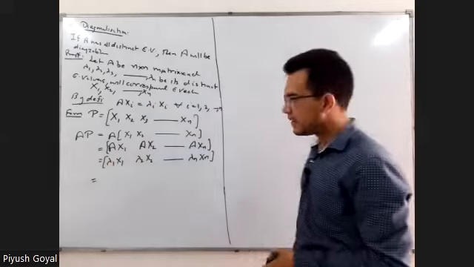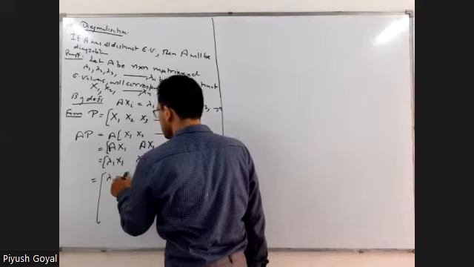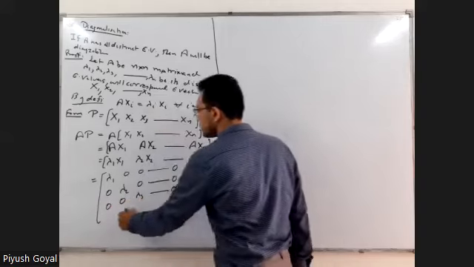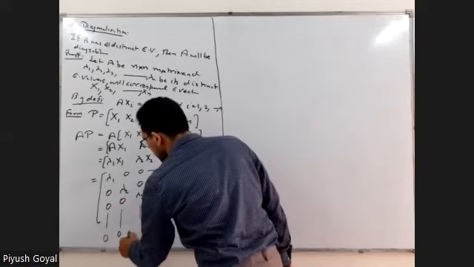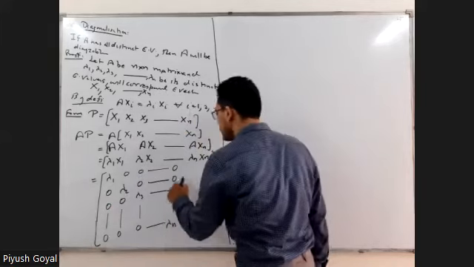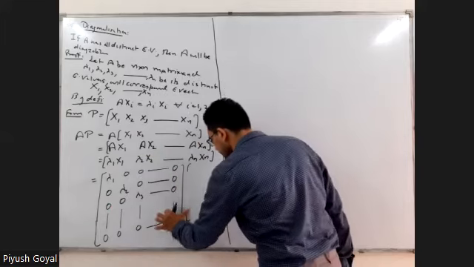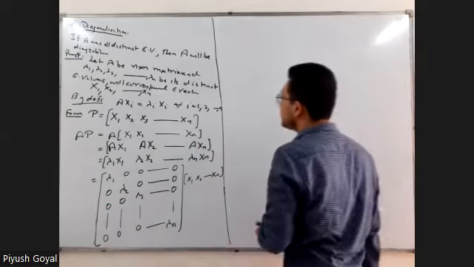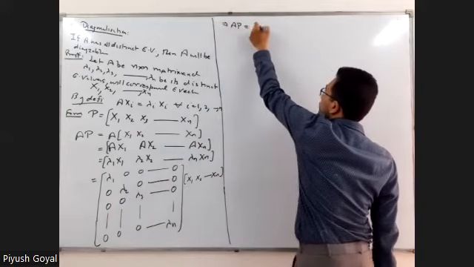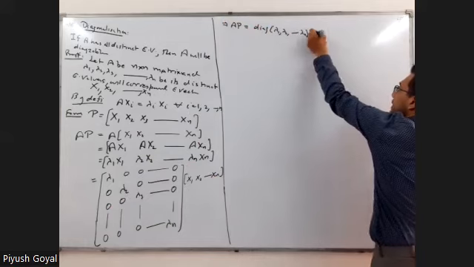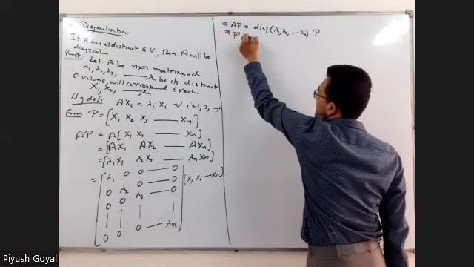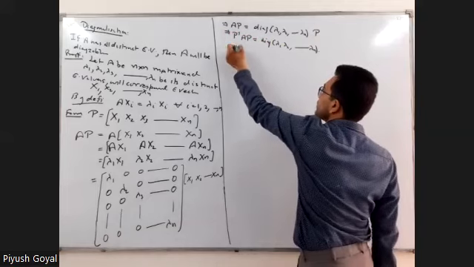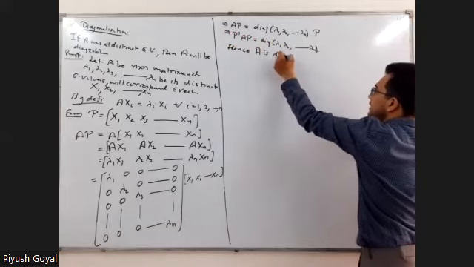So this will become the diagonal matrix with lambda 1, lambda 2, up to lambda n on the diagonal and zeros elsewhere, into x1, x2 up to xn, and this is P. So AP equals diag(lambda 1, lambda 2, up to lambda n) into P. Pre-multiplying by the inverse of P, it becomes diag(lambda 1, lambda 2, up to lambda n), and hence A is diagonalizable.